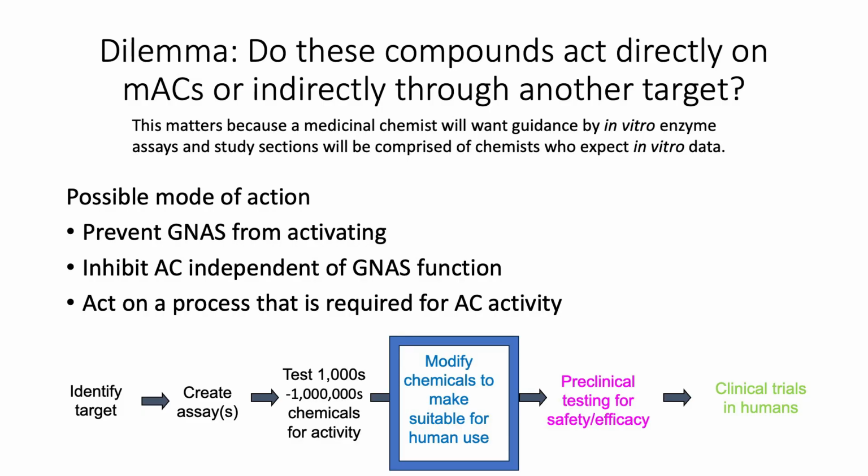Because if we want to do this step here in the blue box of getting a medicinal chemist to start making derivatives of these compounds so that we could get more structure-activity relationships, find more potent enzymes, find compounds that are more suitable for use as a drug, they're going to want to see in vitro data. They want to be guided by how potent it is in an enzymatic reaction, and we can't do that.